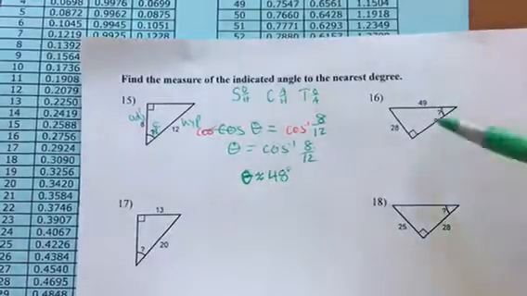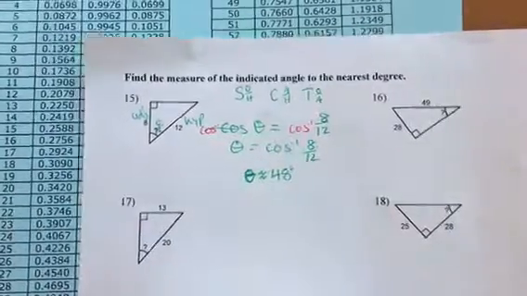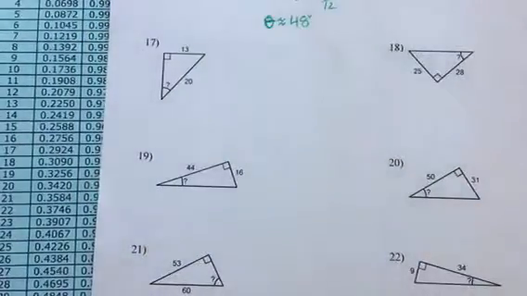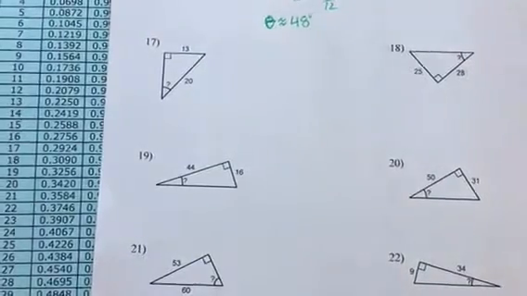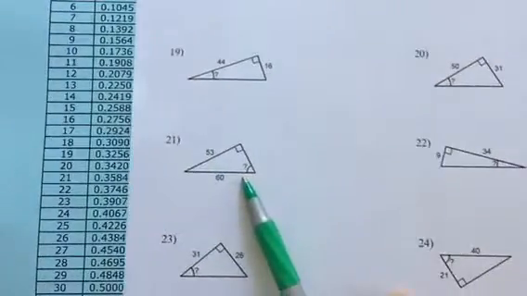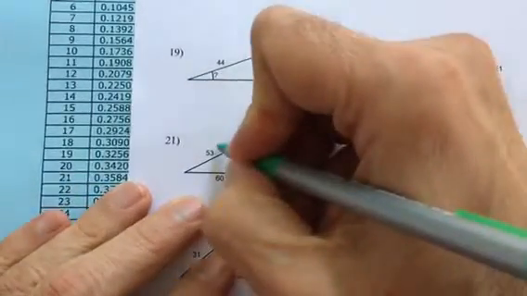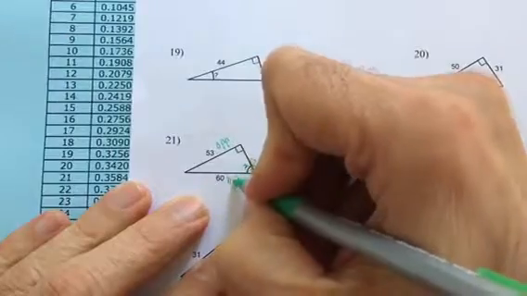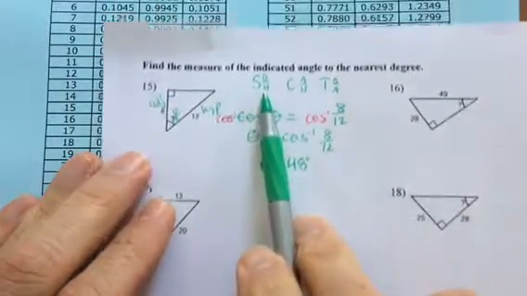Let's try another one. I'm going to skip down here. Maybe this one, 21. If I'm standing here, opposite, hypotenuse, right? Hypotenuse is always across from the right angle. Opposite hypotenuse is sine.